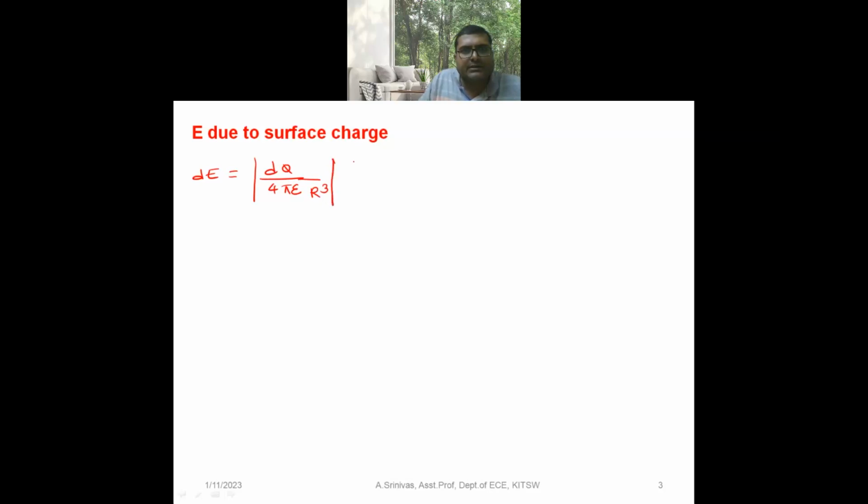It is the magnitude in the direction ar bar. Equation number 5.